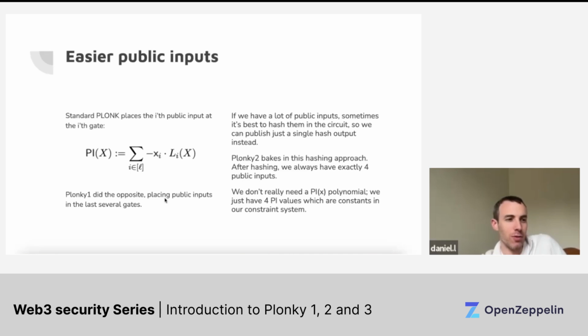So we always have exactly 4 public inputs after this hashing compression step. And since we only have 4 public inputs, we don't really need a polynomial here at all. We can just treat it as 4 constants in our constraint system. So it becomes very simple.